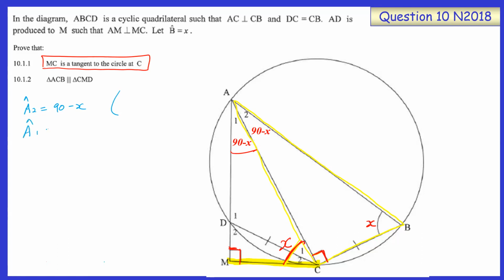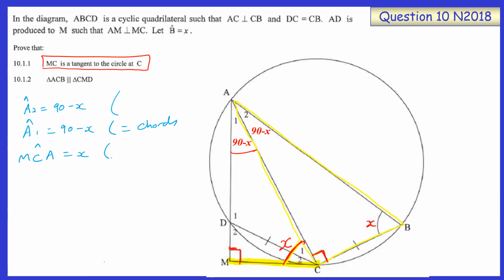Very good. A2 is 90 minus X, sum of angles of a right angle triangle, if you're going to be more specific. Then to find A1, that's the one you say equal chords subtend equal angles.